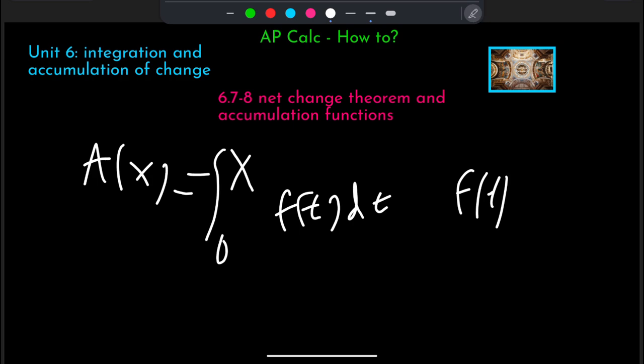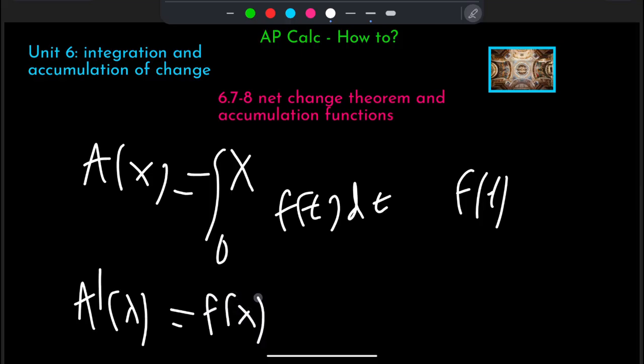The slope of A of x is A prime of x, which equals f of x.